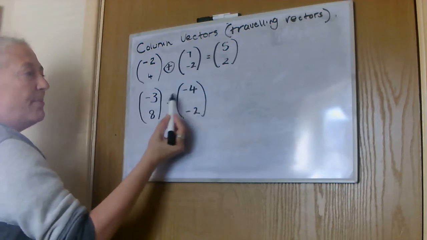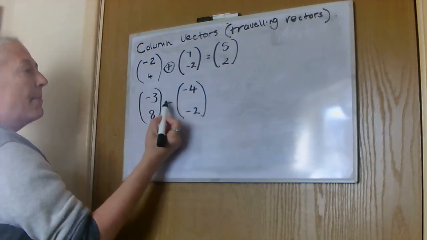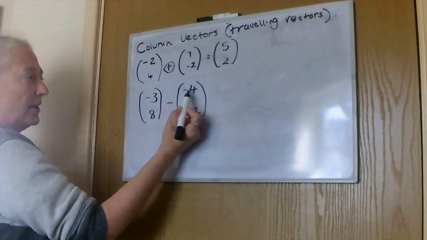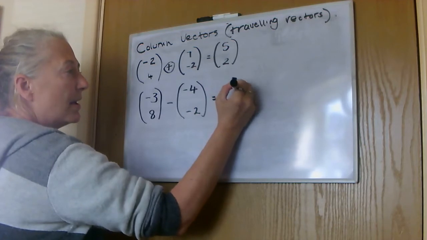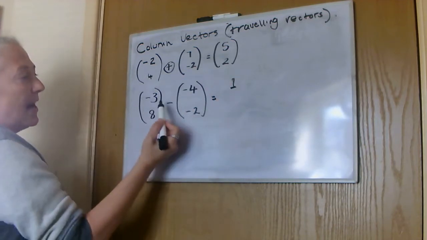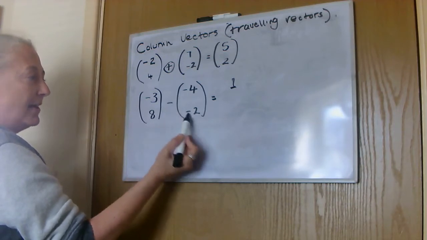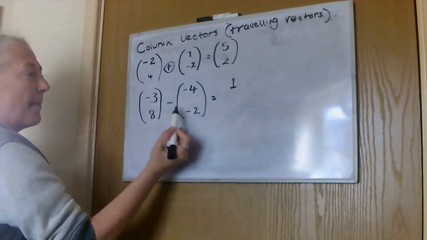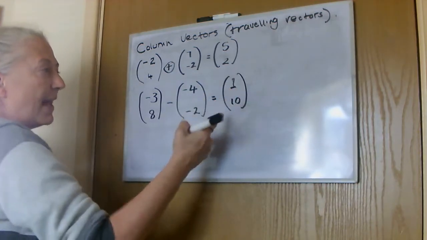What does a minus and a minus make? Well, it's a plus. So we've got -3 plus 4. -3 plus 4 is 1. And then we've got 8 minus minus. A minus and a minus makes a plus. They're together. 8 plus 2 is 10. And that's our answer.